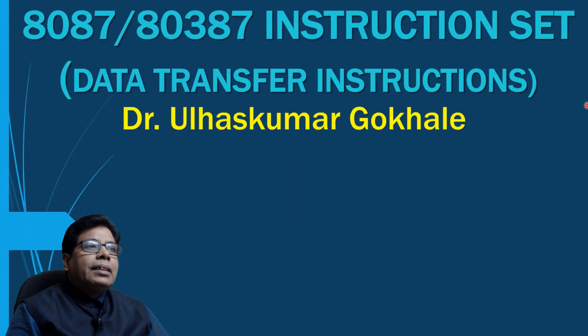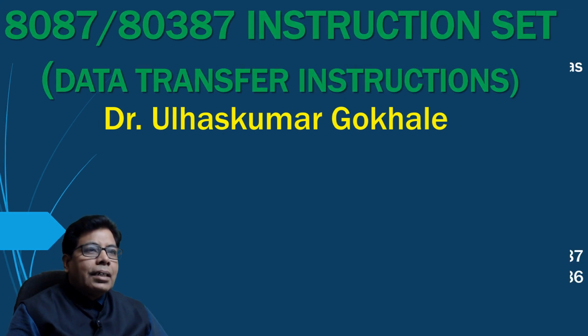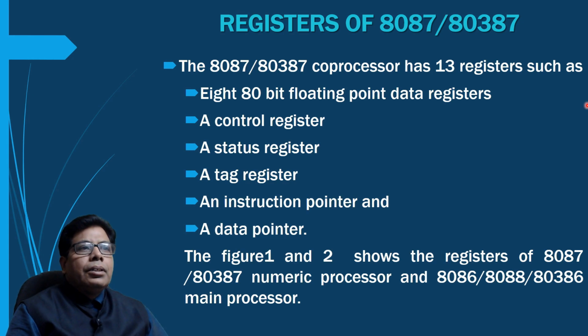The topic for today is 8087 instruction set. Here we are going to study the instruction set, data transfer instructions and the data formats supported by 8087. Let us start with the introduction, that is register set of 8087 and 387.